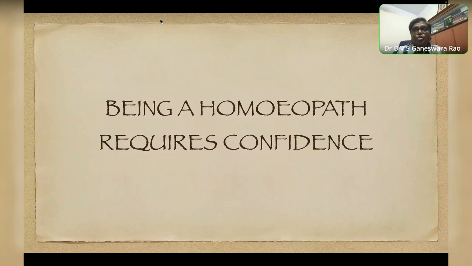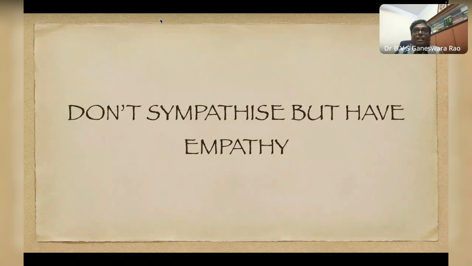And when we get emotional, we end up giving our own medicine to the patient. They can be very present and not caught in sympathy. Instead, empathy is the best way, because sympathy will ruin a very good case also.